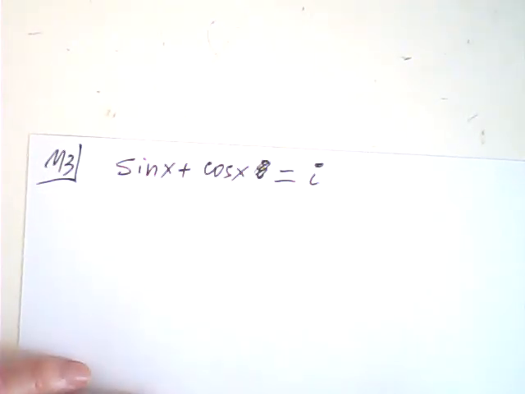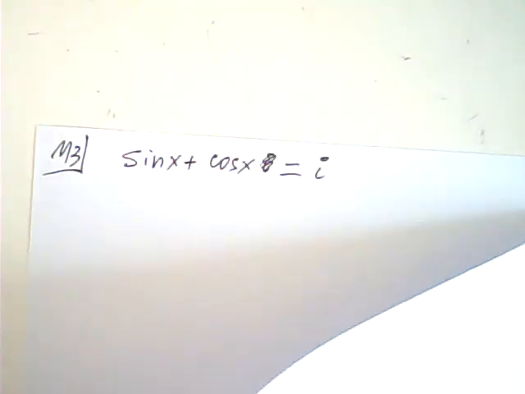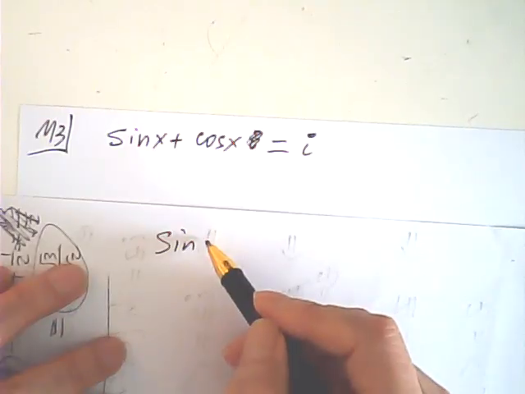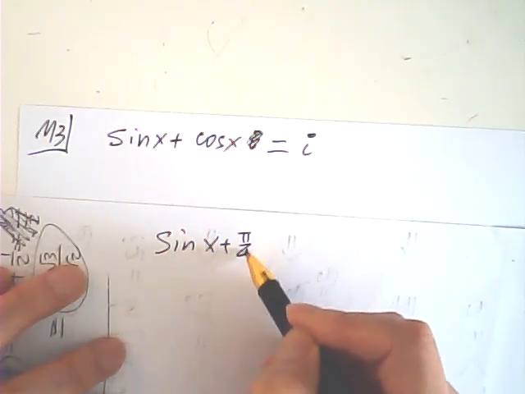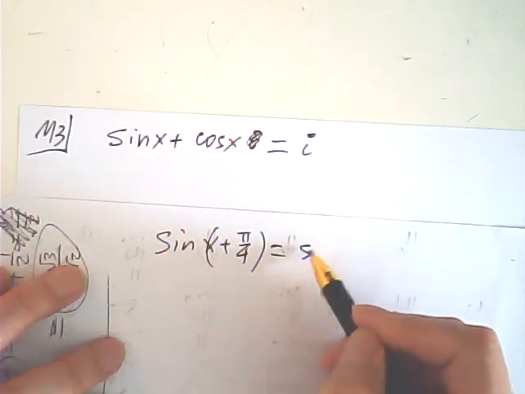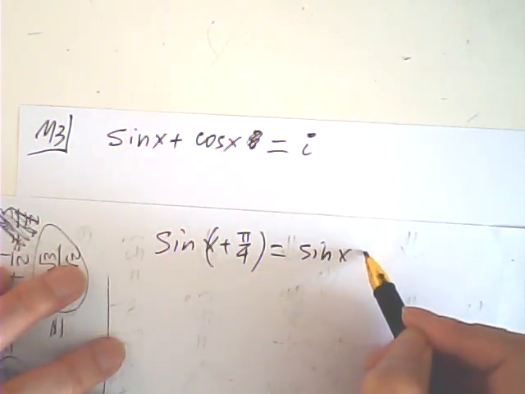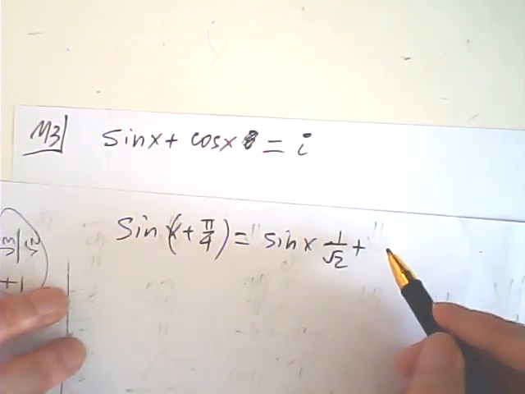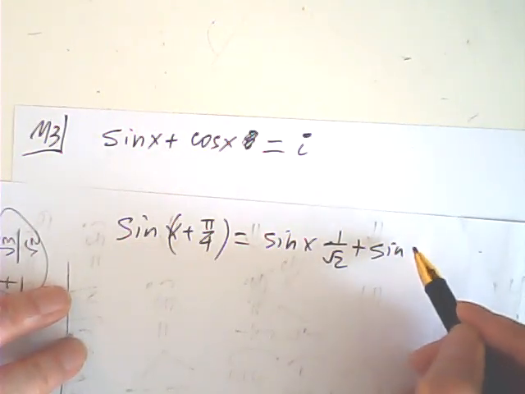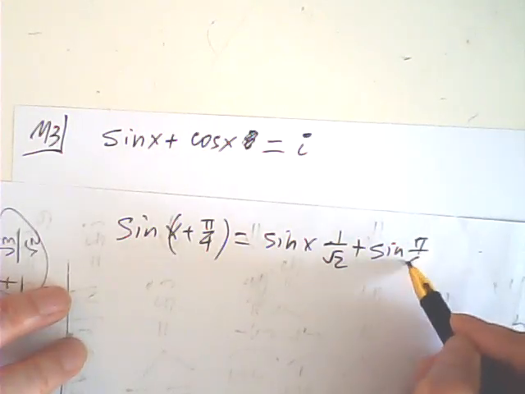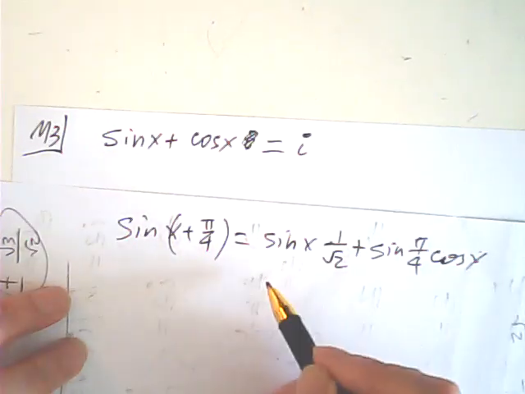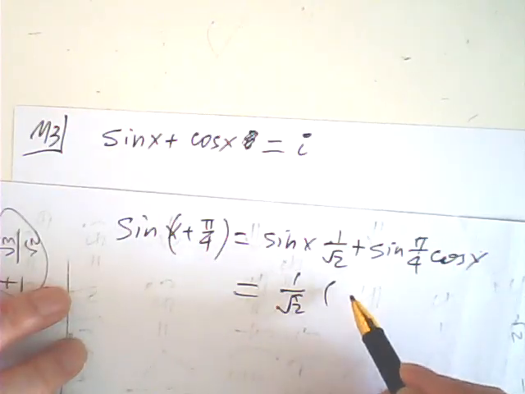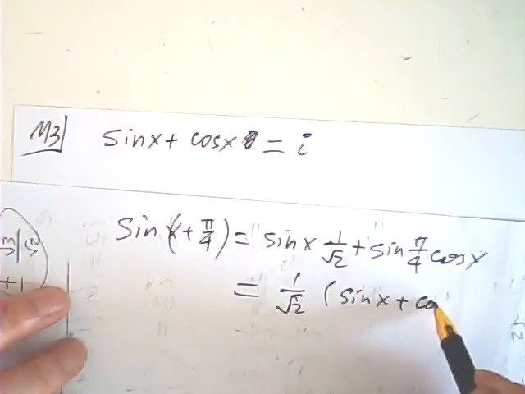All right, now since sine of (x plus quarter pi) is equal to sine x cosine quarter pi, which is 1 over root 2, plus sine quarter pi, right, times cosine x, which is equal to 1 over root 2, take out the common factor, times (sine x plus cosine x).